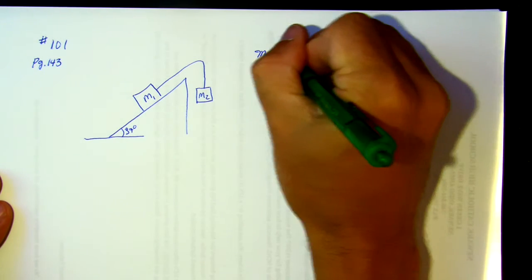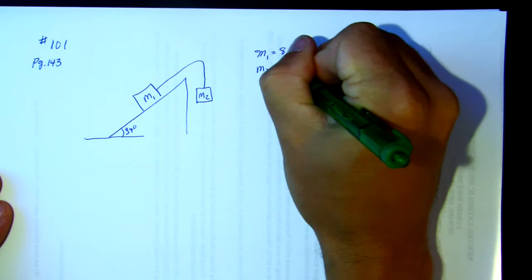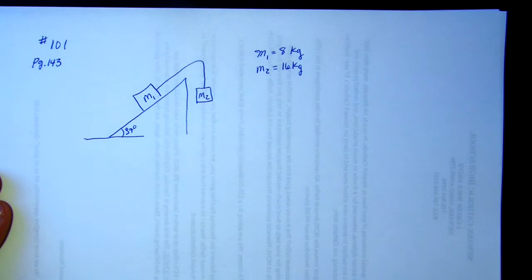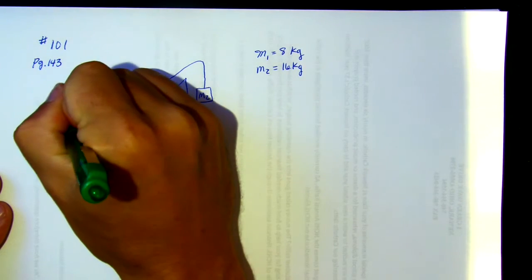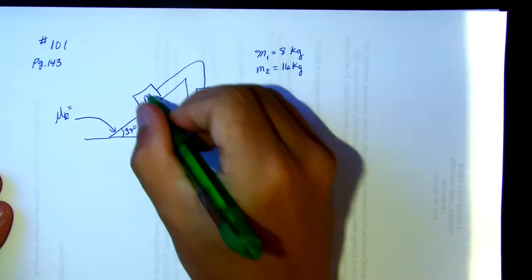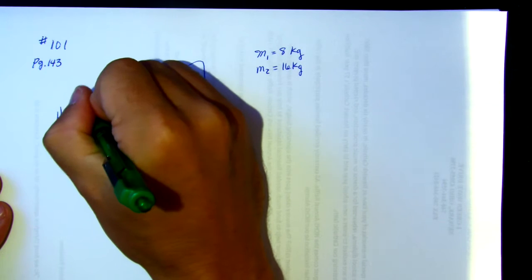And they tell us that M1 is 8 kilograms, M2 is 16 kilograms. They tell us the coefficient of kinetic friction between M1 and the inclined plane surface is 0.23.